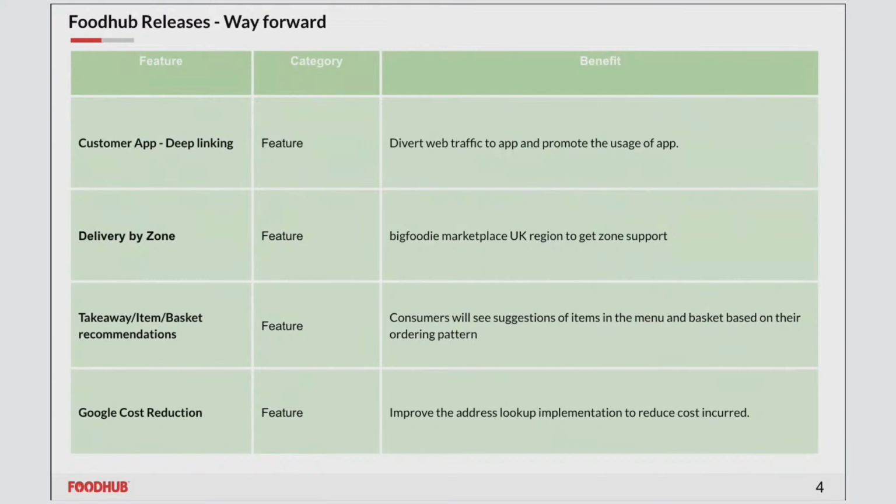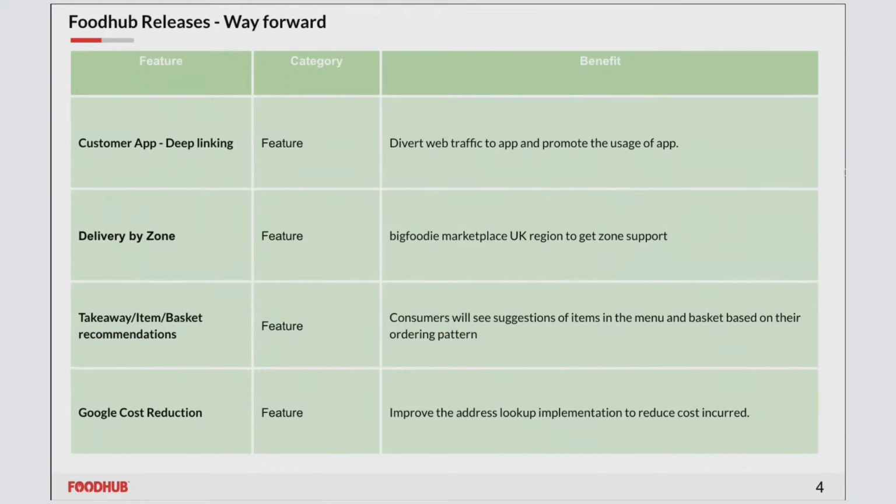The next thing is delivery by zone, where we are trying to bring the delivery by zone feature for the big foodie market, the UK region. Next we are trying to bring in takeaway item recommendation and also basket recommendation.